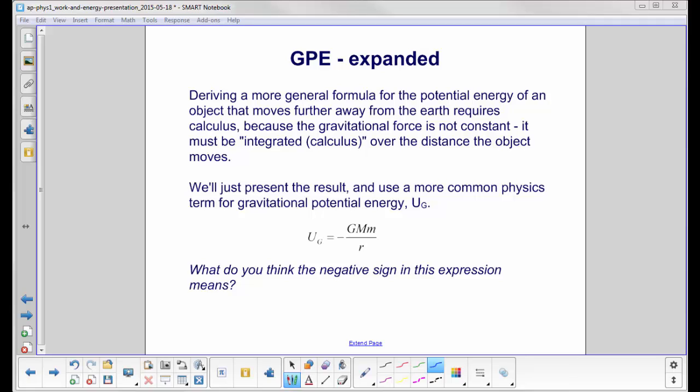And we're also going to use a more common physics term for the gravitational potential energy, capital U sub g. Capital U is normally used for potential energy at the higher level physics courses.